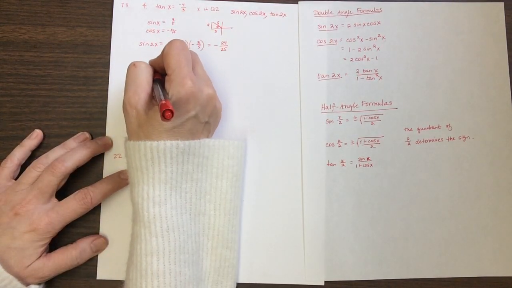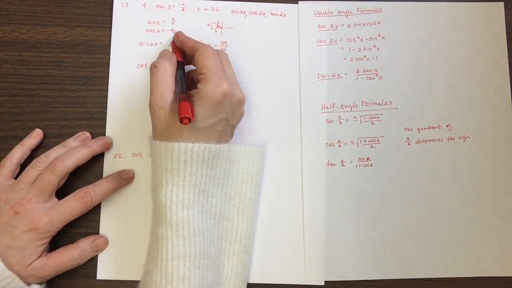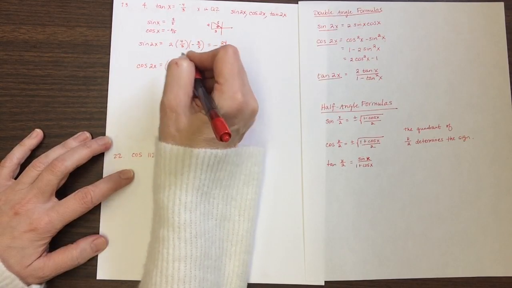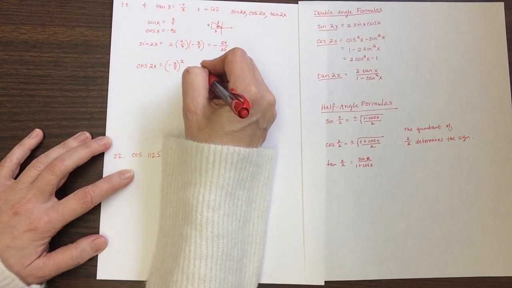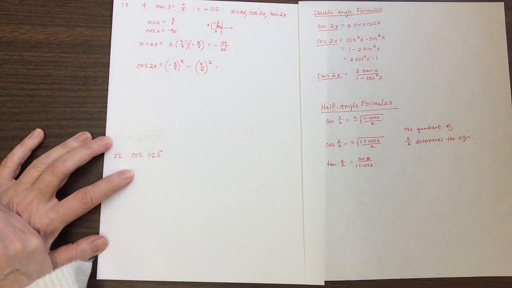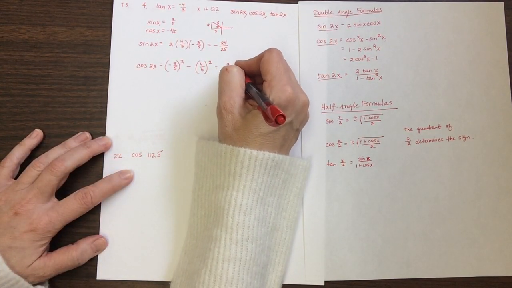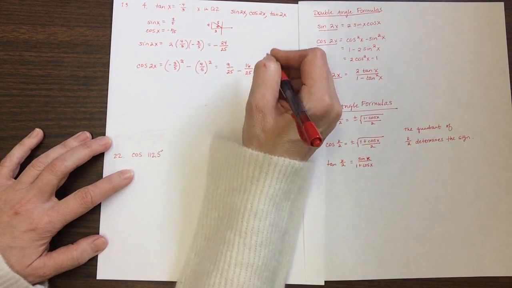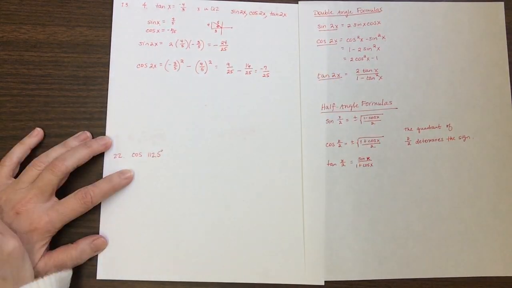The cosine of 2x is going to equal cosine squared, so I've got negative 3 over 5 squared minus sine squared, which is 4 over 5 squared. I just do the arithmetic here, and I've got 9 over 25 minus 16 over 25, which is negative 7 over 25.